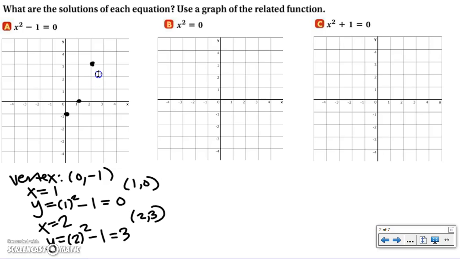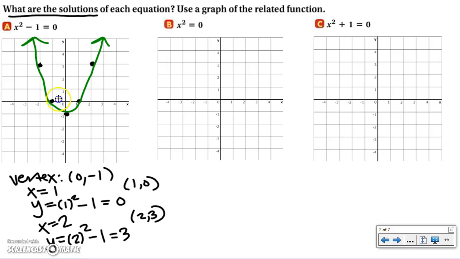Since a parabola is symmetrical, I can copy these points onto this side, reflecting over my axis of symmetry. So I have my points for my parabola now. I can connect them into my U shape. So recall, we're answering what are the solutions. The solutions are where your graph crosses the x-axis, your x-intercepts.